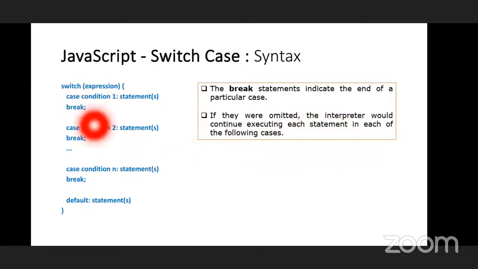If you are not writing the break statement, JavaScript treats all these statements as a single case. If you are not writing the break here, for example, this statement is also treated as a condition 1 statement. So to separate the cases, you must write break.